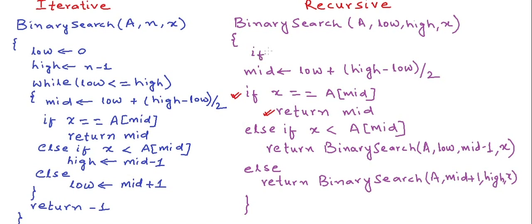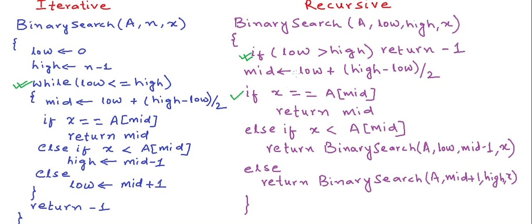If low is greater than high, then we do not have a valid segment in the array, and in this case we can say that we have exhausted our search space, so we return -1 to say that x does not exist in the array. I'm short of space here, so I'm writing these two statements in the same line. So these two are our base conditions that would cause the recursion to stop or exit, and this condition low greater than high is the same condition which we are checking here to stop the loop.